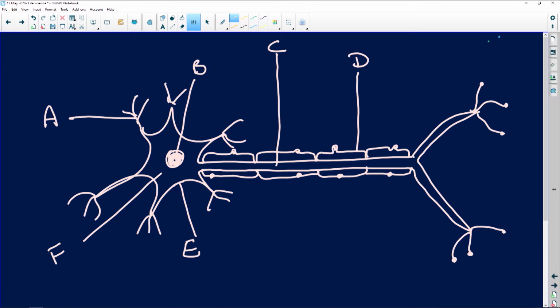Okay, right. So what are we looking at? We are looking at here a multipolar neuron. First thing you do when you get a diagram in an exam is you label it. All right, quickly. You can even abbreviate the words, but I need for you to do that. Why? Because it helps, and this is exam technique.